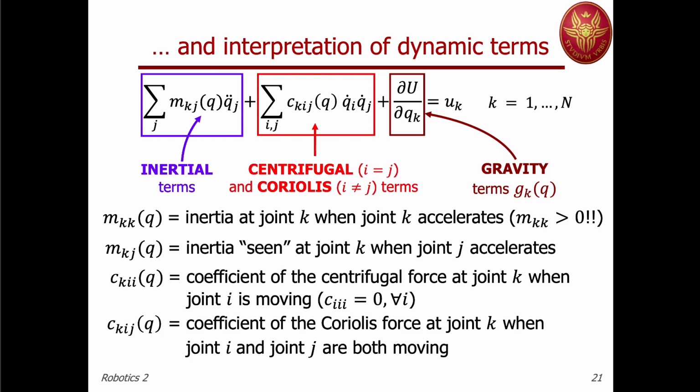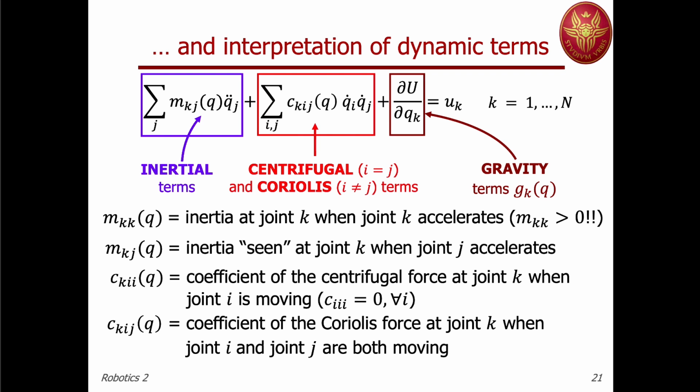And similarly, c_kij will be the Coriolis force felt at joint k, because we are looking at the kth equation, when joint velocity i and joint velocity j are different from 0. So q_i dot, q_j dot is different from 0. The effect of the force on joint k is modulated by this coefficient.